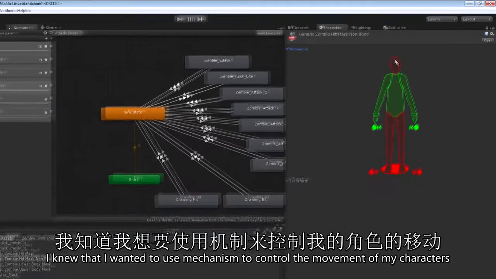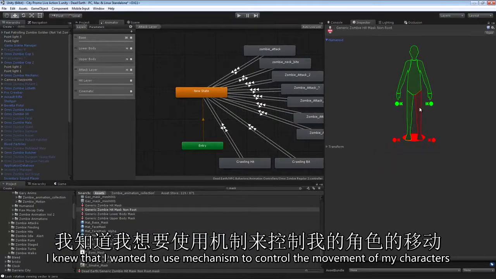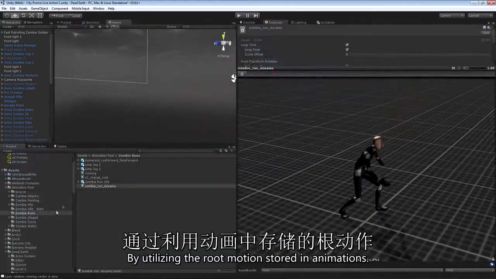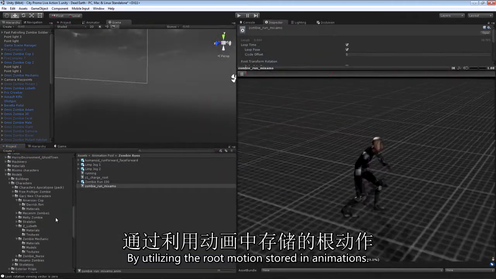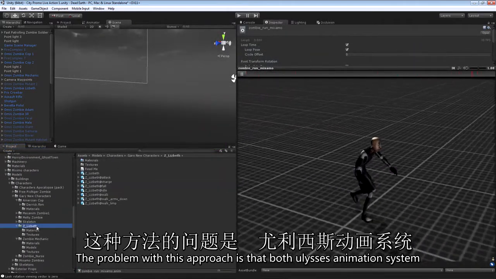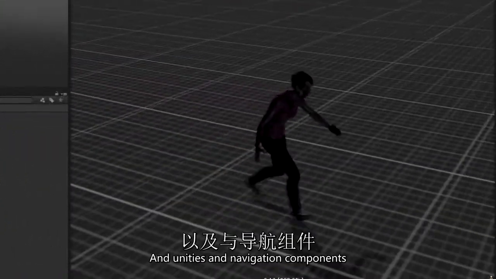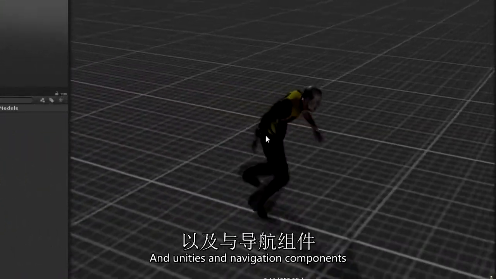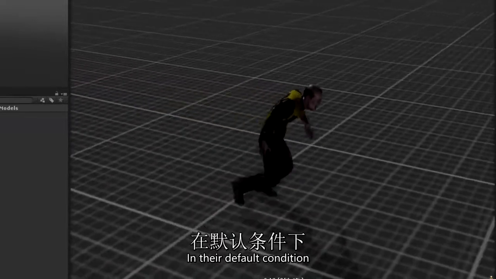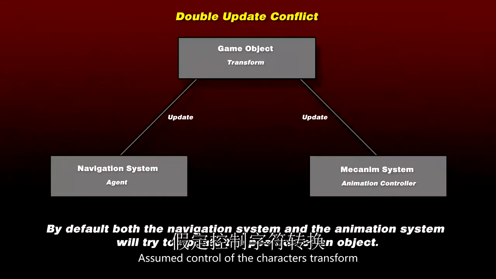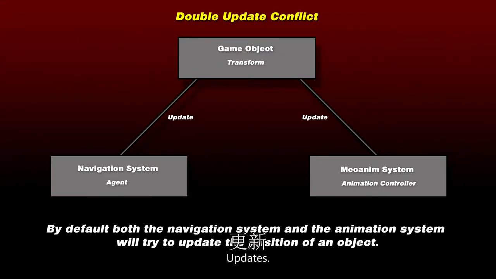Furthermore, I knew that I wanted to use Mechanim to control the movement of my characters by utilizing the root motion stored in animations. The problem with this approach is that both Unity's animation system, when used in this way, and Unity's navigation components in their default condition assume control of the character's transform during their updates.